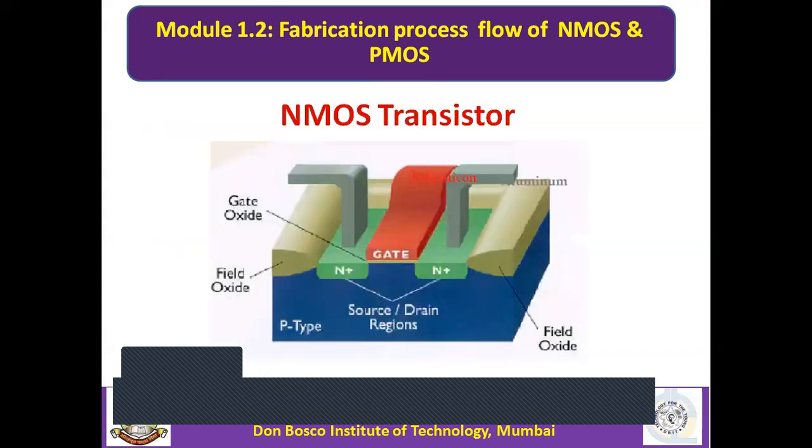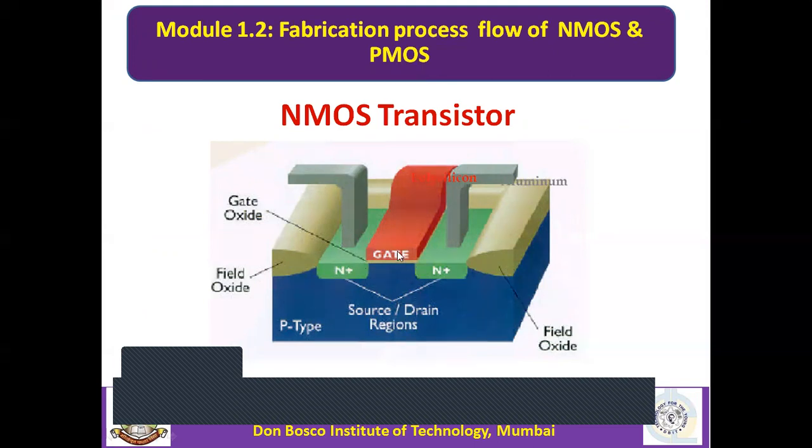But first, everyone should know what you are going to fabricate, because that picture should be in your mind. You are fabricating an NMOS transistor. So what is an NMOS transistor? It starts with a P-type substrate, whatever I'm showing here. Then there are two N plus, heavily doped N-type, source and drain regions.